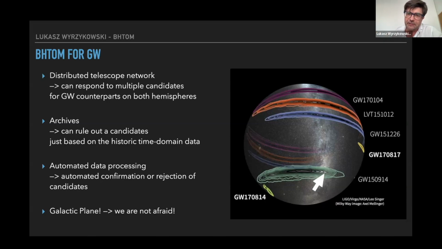So we are not afraid of the galactic plane, which I think many people are. As you see, these error maps of GW very often go through the galactic plane, which I think is still a missed region of the sky, which we could also search for counterparts.